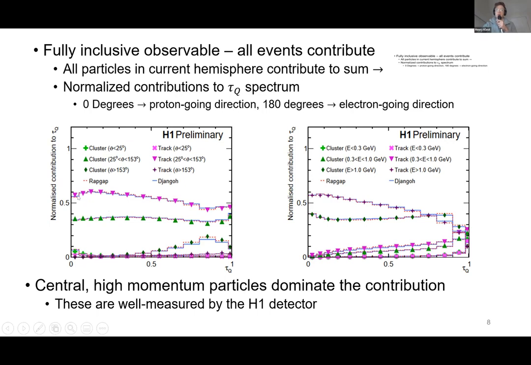We see that tracks in the central detector region from 25 degrees to 135 degrees dominate the spectrum, with also a large contribution from clusters in the central detector, both of which are generally well measured. And if you look at the energy of these individual particles, the majority are tracks and clusters with greater than 1 GeV, which are well measured in general by the detector.